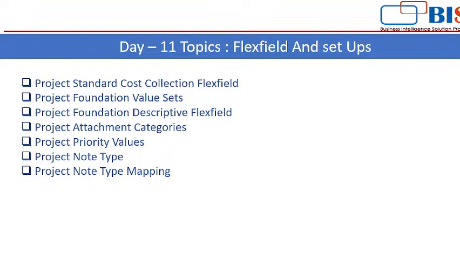So I have created the value set for project number. So I want that project number to be displayed additionally, so I will mention that, or I will assign the same in the descriptive flex field. This is used to capture the additional information as per your business requirement.